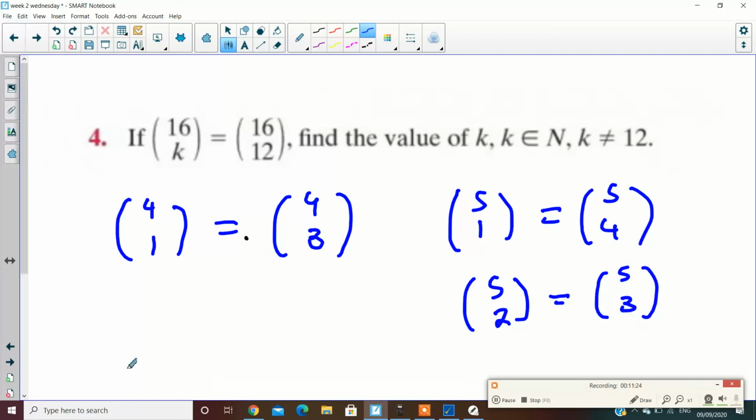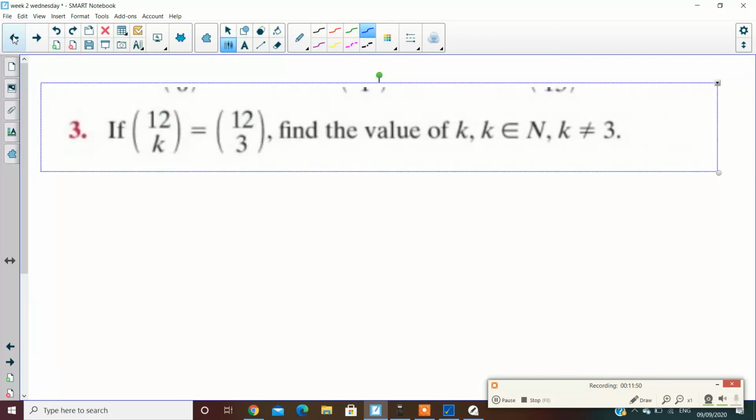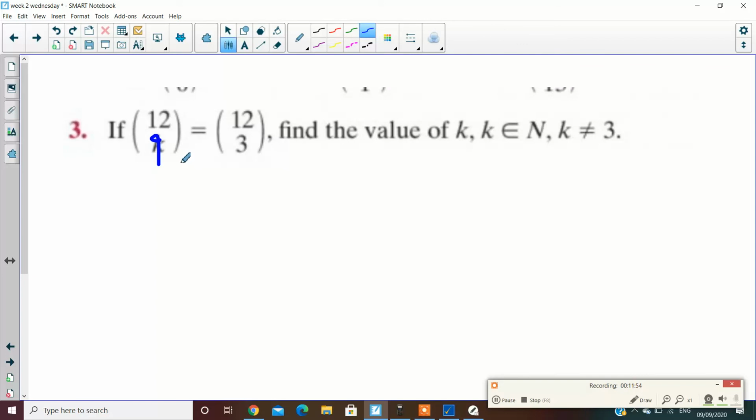Out of interest, nCr is the same as what? Take away the bottom number, isn't it? What's 5 take away 2? 3. Okay? In this case, what do you think the answer is for question 4? 16 take away 12? Same answer, aren't they? What about question 3? They're pretty handy, aren't they? No waste of time there, all right?